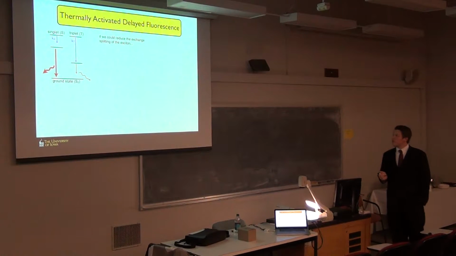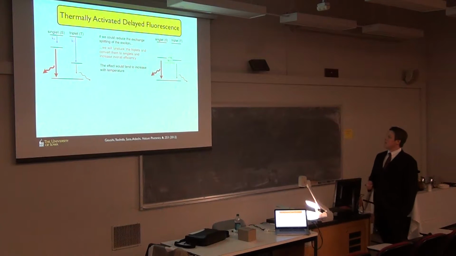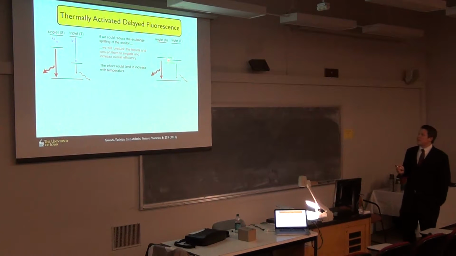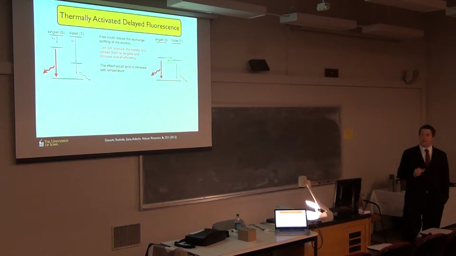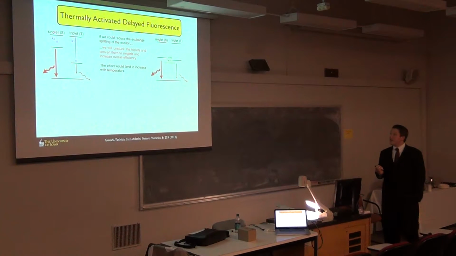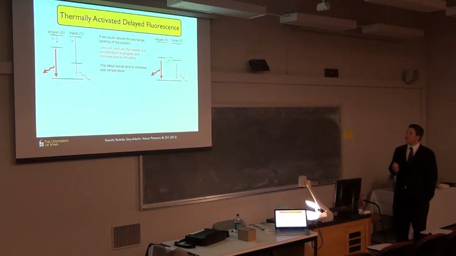Now, if we could reduce the exchange splitting of the exciton maybe to something like this, we could have these excitonic levels, the singlet and triplet excitonic levels, much closer together. And so close together, maybe we can get spin mixing between them. Okay?